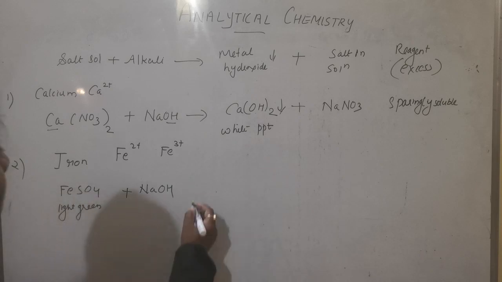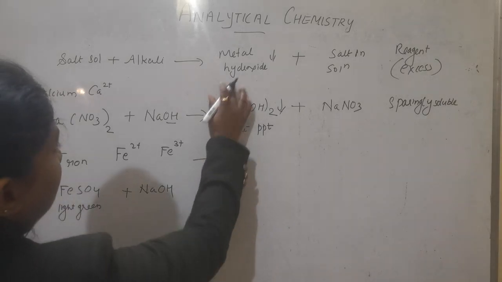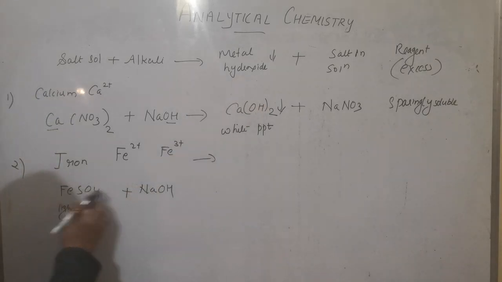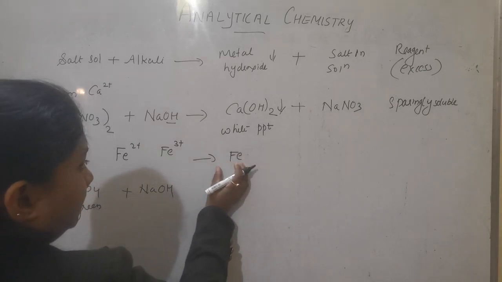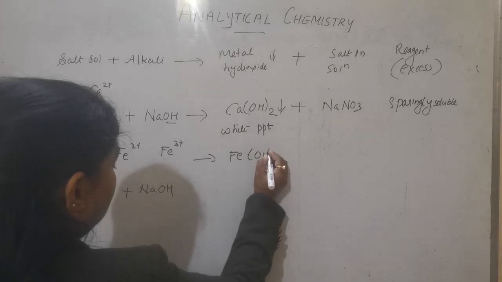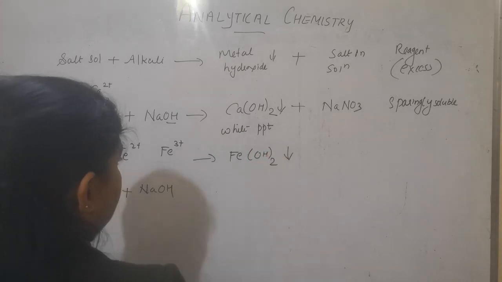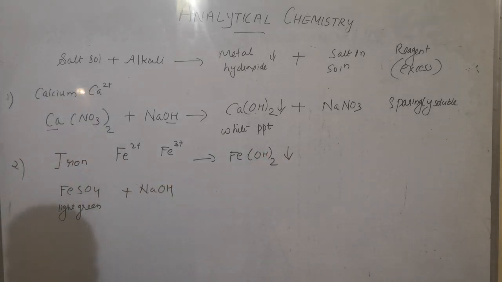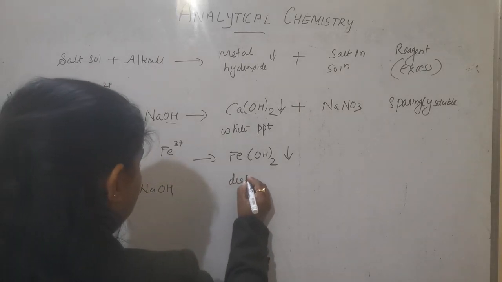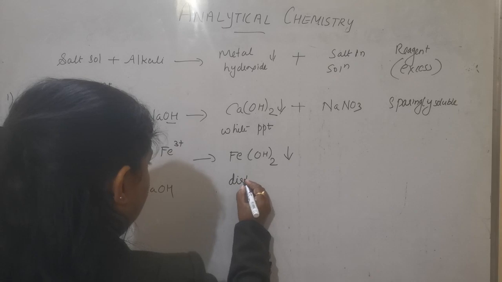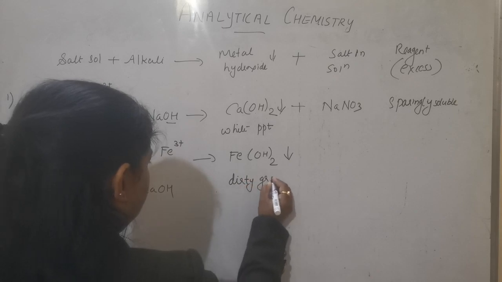Then what could be the possible product? Metal hydroxide. Metal is iron, hydroxide is this. Combine it, and we know that iron is in the +2 state, so it will be Fe(OH)2, and this is a precipitate, and the precipitate would be dirty green.